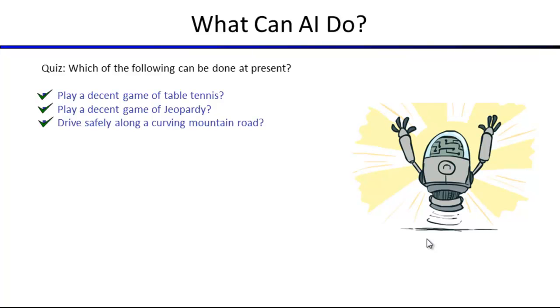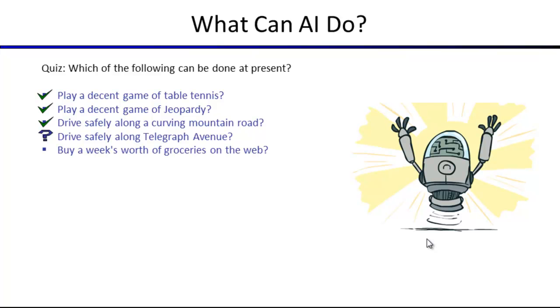Can it drive safely along Telegraph Avenue? A lot fewer hands going up. It's a little more debatable. It's hard for humans to drive safely along Telegraph Avenue. So maybe a question mark there. Buy a week's worth of groceries on the web.